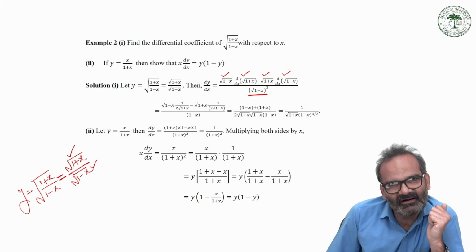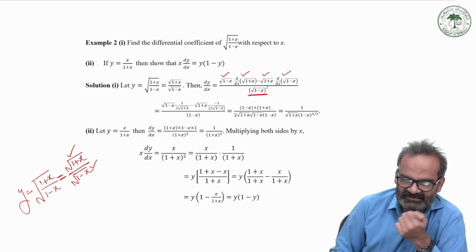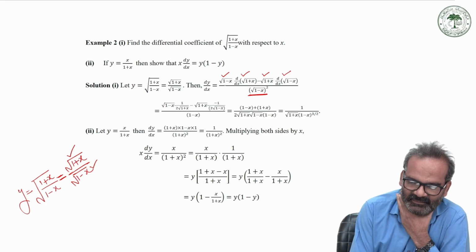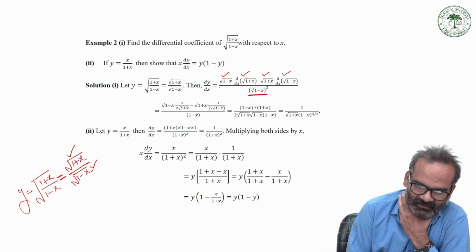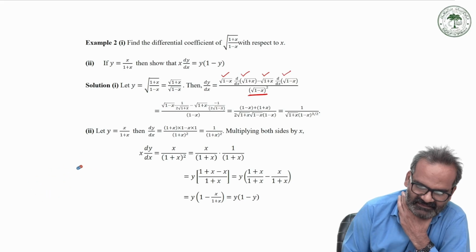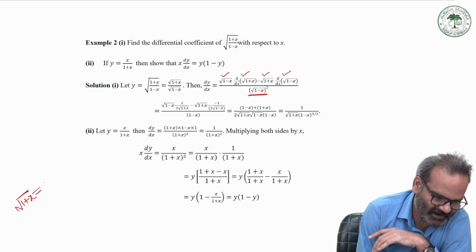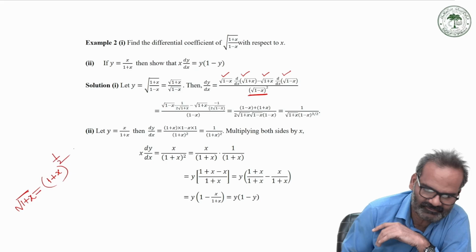Now you can find out the derivatives respectively to get the required result. See, root 1 minus x will remain as it is, and how you will find out the derivative of root 1 plus x, right?